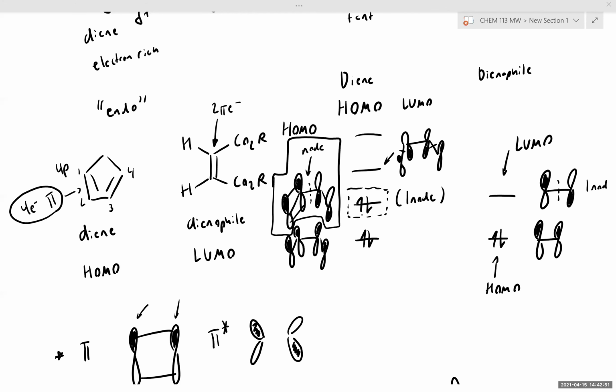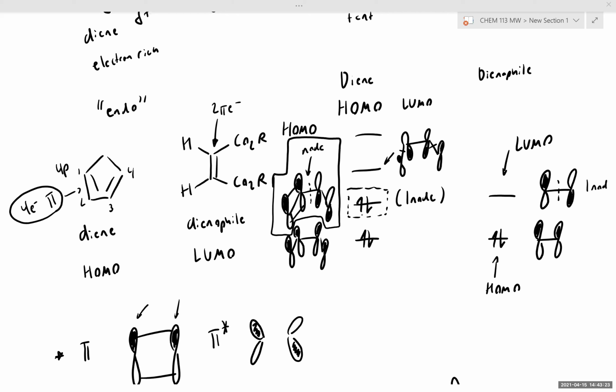Okay, now continuing on from this, looking at our diene, we can also look at the LUMO, which is the lowest unoccupied molecular orbital. In this case, the LUMO is the next highest energy orbital, which has 2 nodes. We can repeat this process of drawing a molecular orbital diagram for the dienophile, which is our alkene that reacts in the Diels Alder reaction.